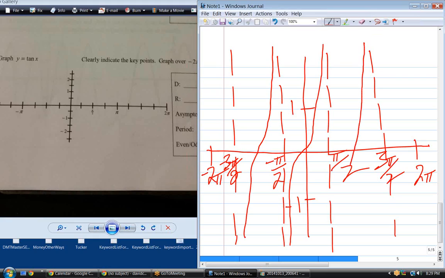In other words, since the total length of the x-axis is 4 pi, I should have 4 curves in there. And I do, except the last two look like this. In other words, just the upper half of this one and the lower half of that one. Because this is 2 pi here.